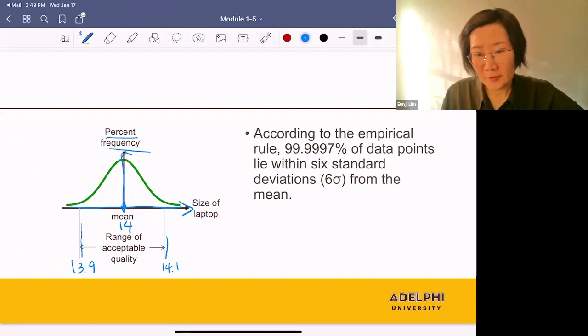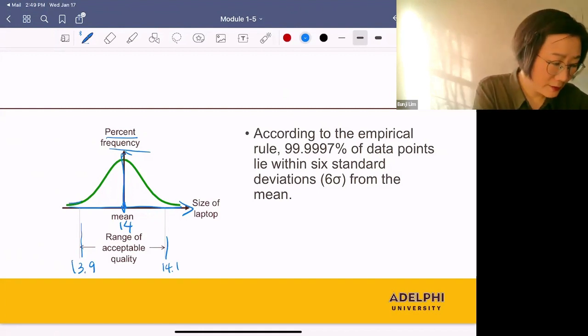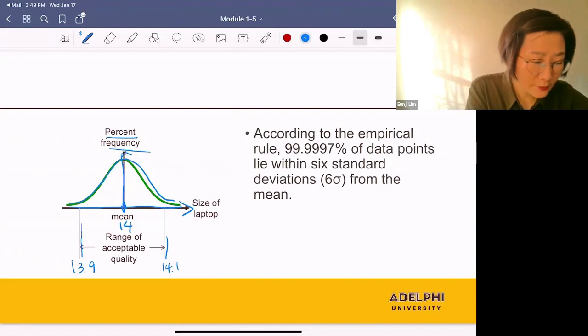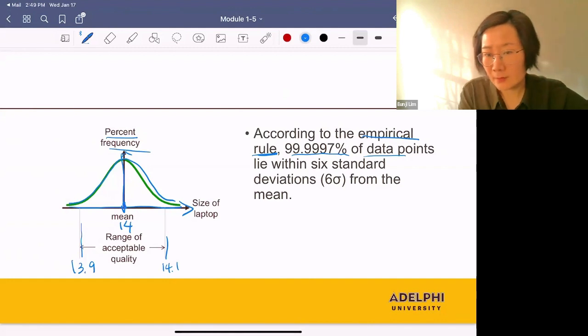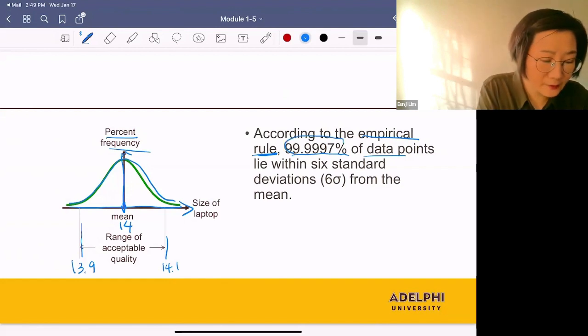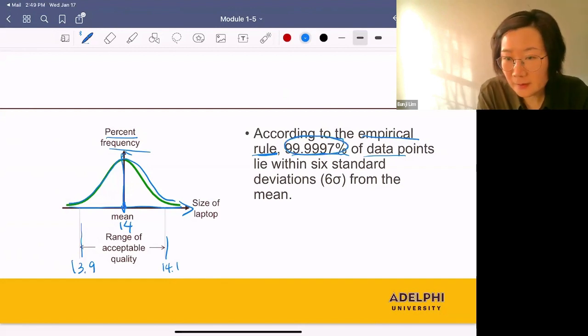Now, let's say this histogram is bell-shaped. Our data set has a bell-shaped distribution. According to the empirical rule, 99.9997% of the data points are within 6 standard deviations from the mean. So remember, this is our target defect-free rate.